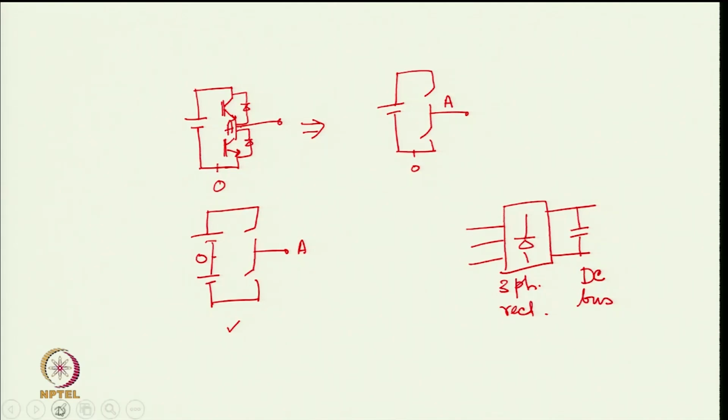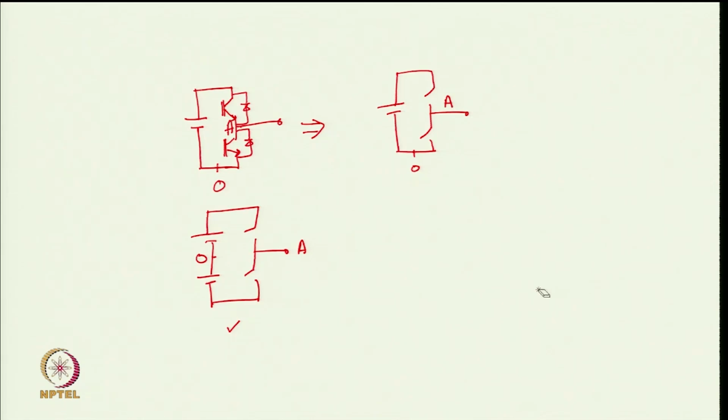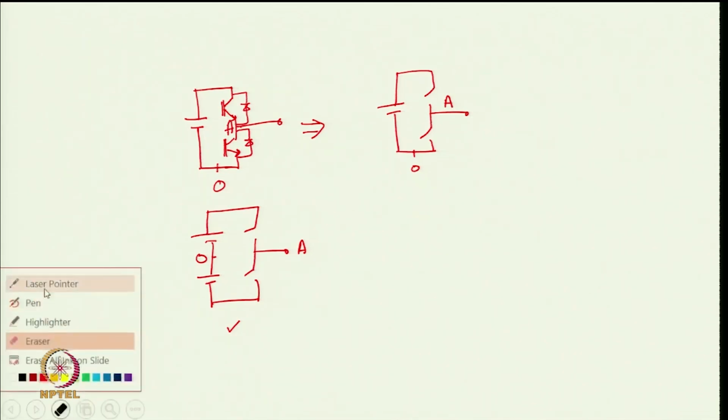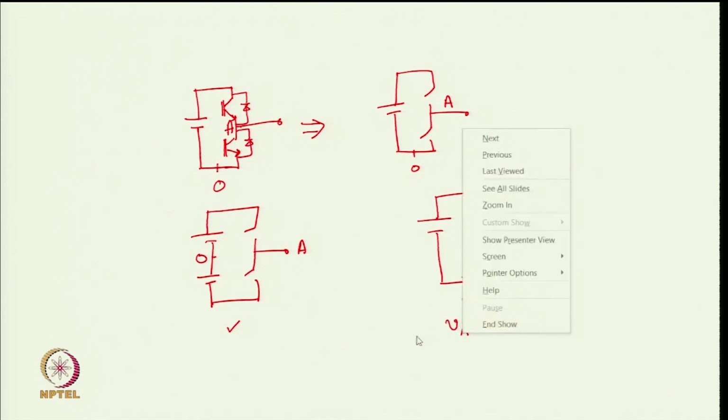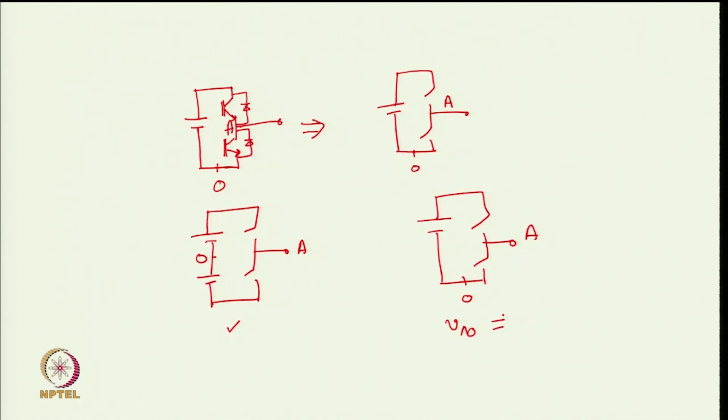Now, if you analyze the two circuits, suppose we analyze these two circuits, then we see that here the VAO voltage is always fluctuating between 0 and VD, where VD is this voltage here.